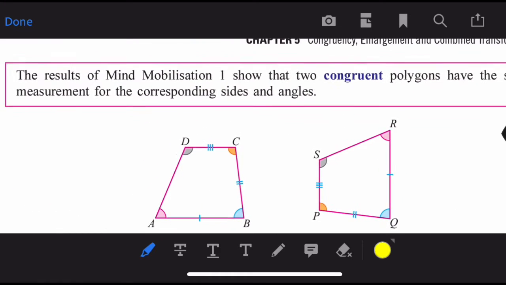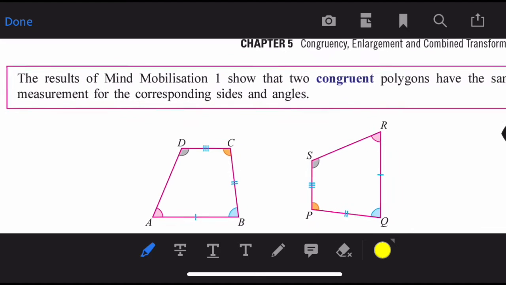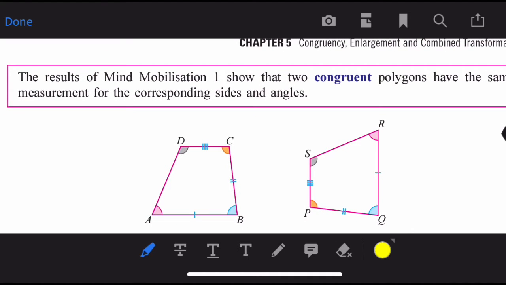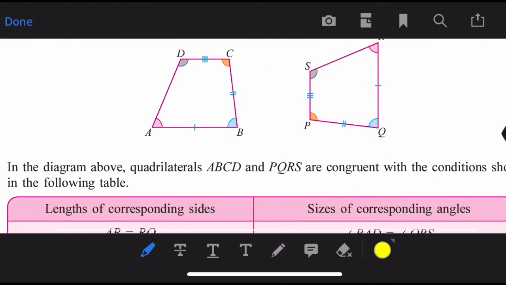The result of mind mobilization 1 shows two congruent polygons have the same measurements for the corresponding sides and angles, like this.